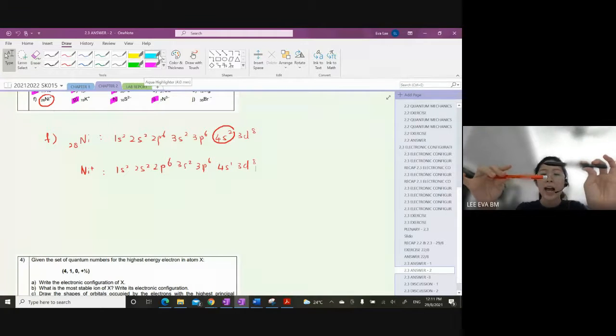And if I got 3D10 fully filled, then I will move it inwards. So it becomes 3S2, 3P6, 3D10, then 4S2, 4P something, 4D something. So kalau sudah penuh baru kita anjak ke bawah. Kalau tak, saya akan encourage awak letak 3D dekat atas.